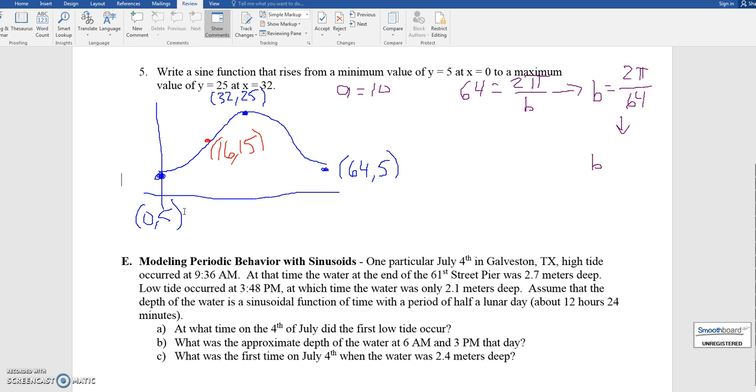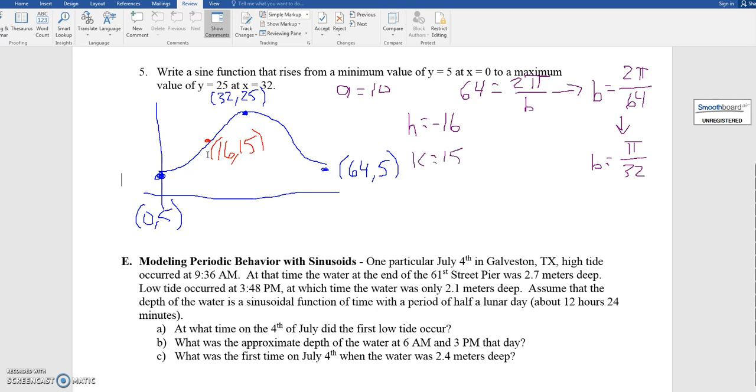So B would equal pi over 32. If we look at our graph, this point right here connects to (0, 0). So I shifted 16 to the right and I went 15 up. That means that H has to be negative 16, since I went 16 to the right. And that means K has to equal 15.